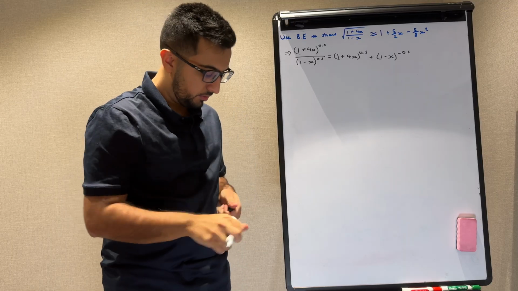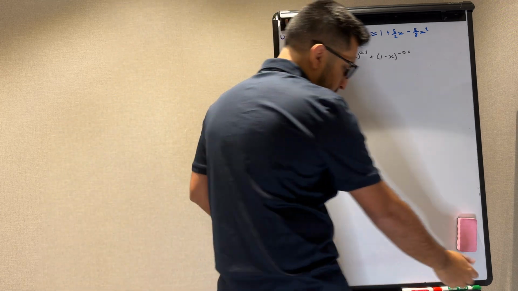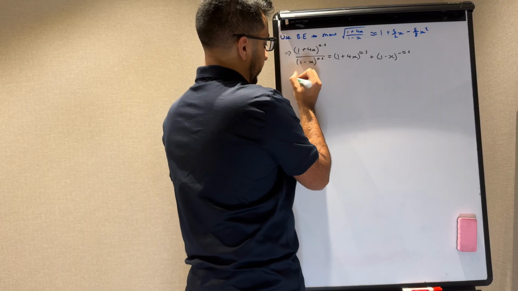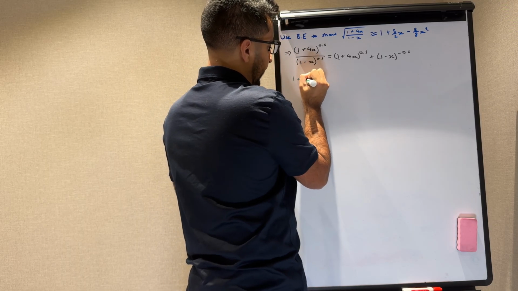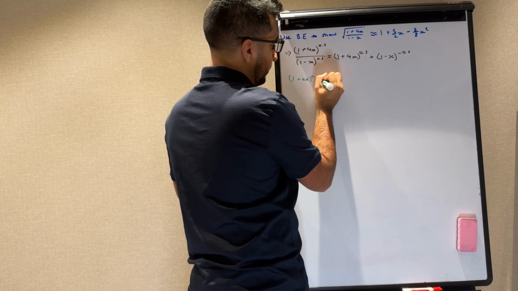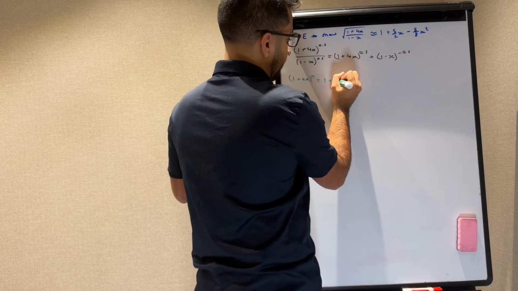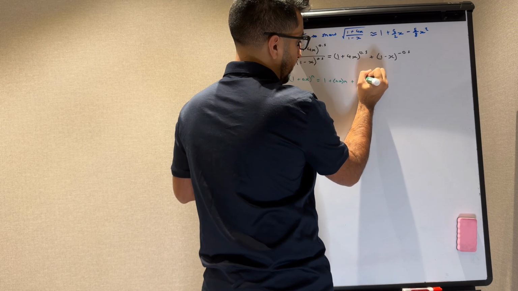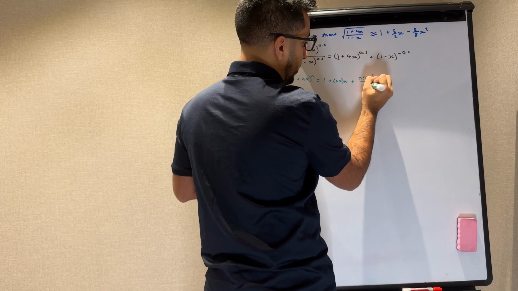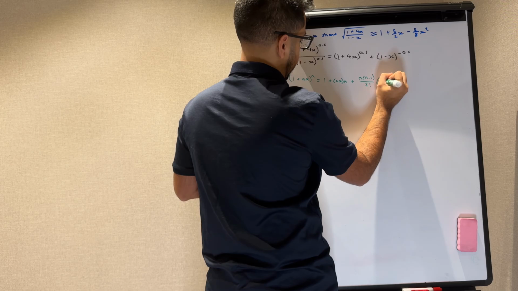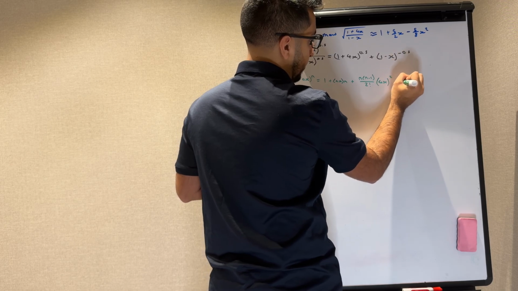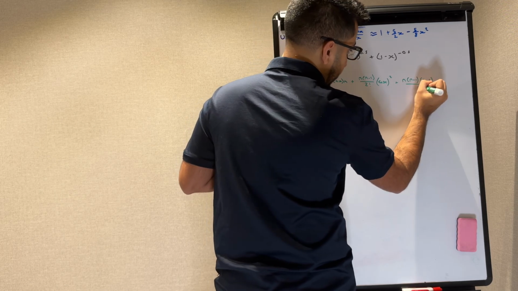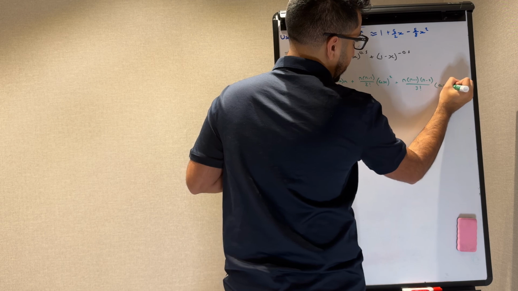So let me get a different colored pen. I'm going to write it on the board because it is something you need to get into the habit of knowing. So (1 plus ax) to the power n will give you 1 plus ax times n, plus n(n minus 1) over 2 factorial (ax) squared, plus n(n minus 1)(n minus 2) over 3 factorial (ax) cubed.